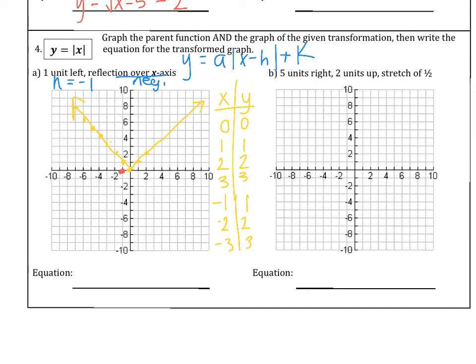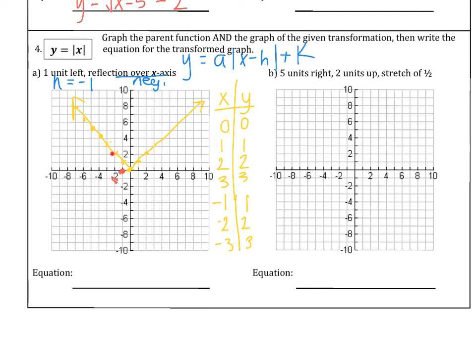Then I'll work on this left-hand side first. I'll take the point -1, -1. I'm going to shift it left 1, landing here, and then reflect it over the x-axis, and I'm at -2, -1. Then I'm going to continue. Let's see my next point right here, -2, -2.